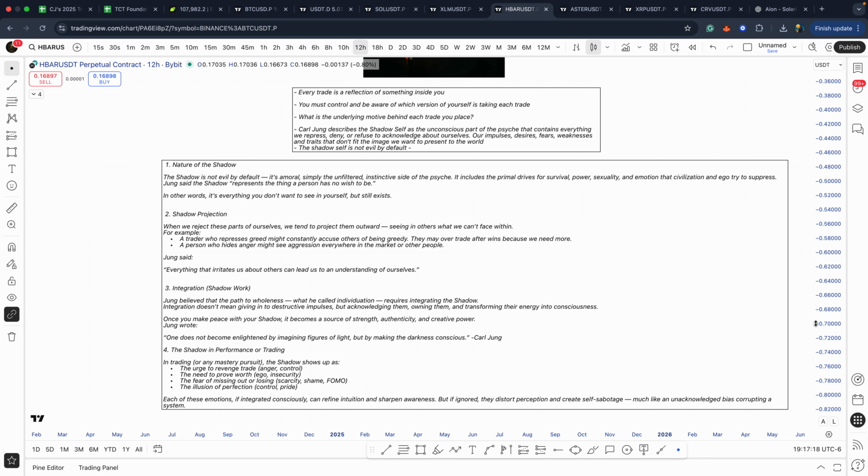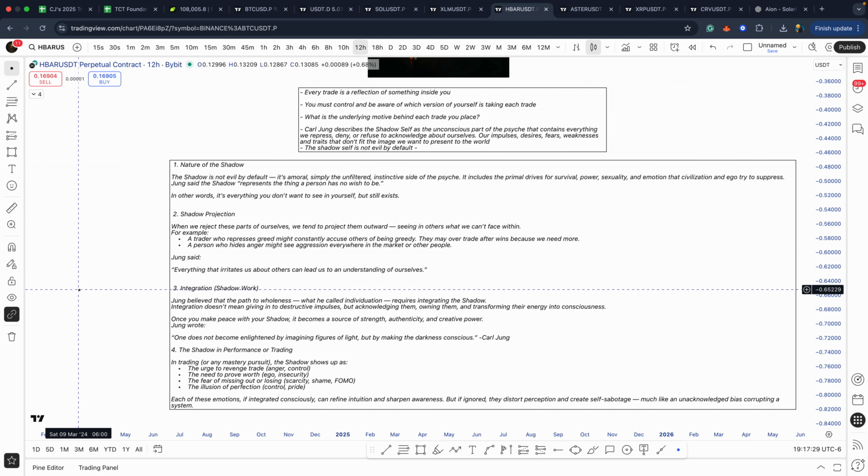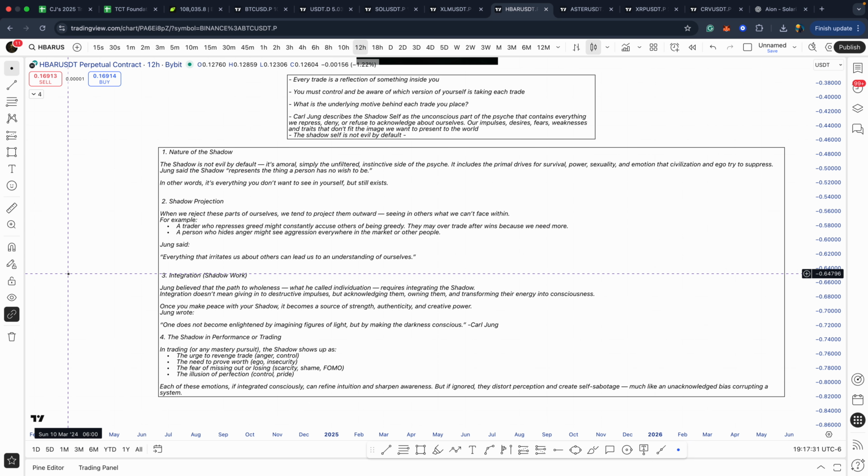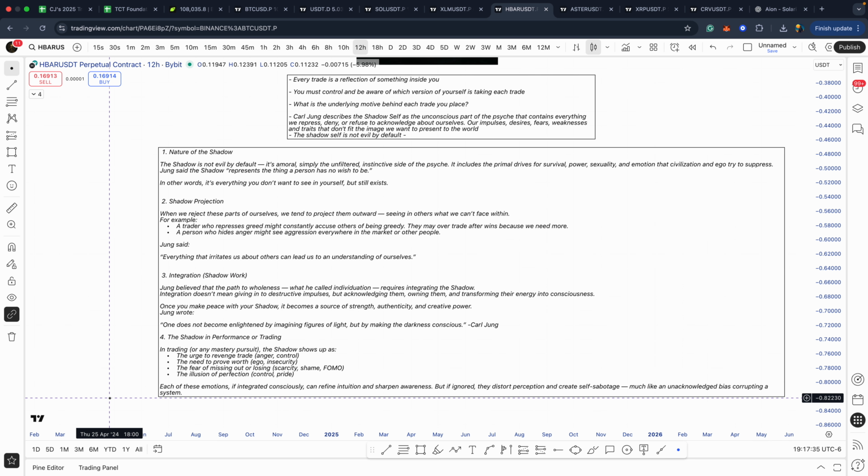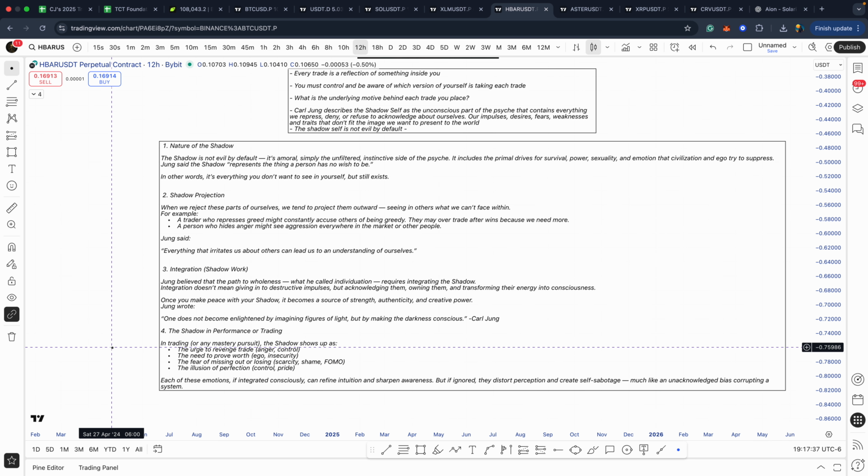It includes the primal drives for survival, power, sexuality, and emotion that civilization and ego try to suppress. In other words, it's everything you don't want to see in yourself but still exists. In trading, you may not want to see it, but if you do not confront it, these things will come out in your trades. Number 2, shadow projection.